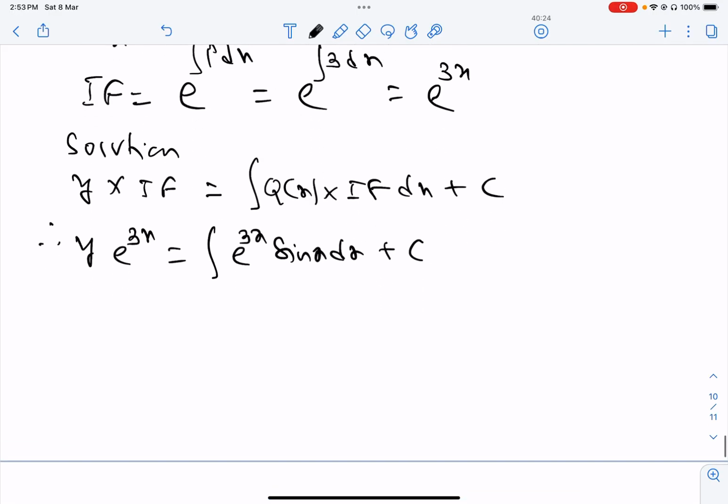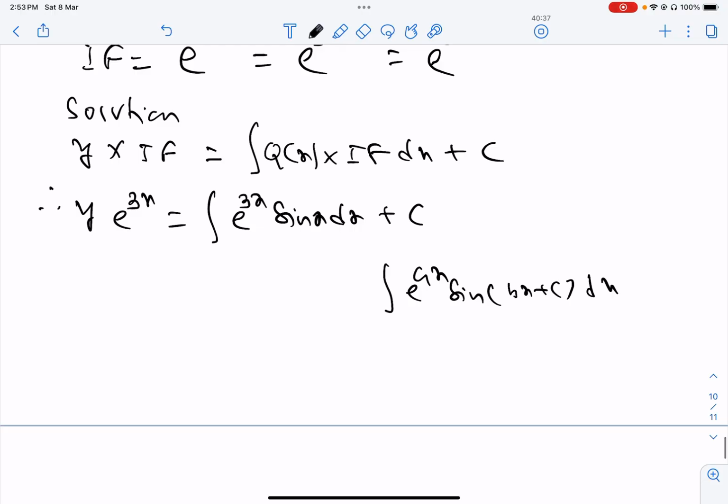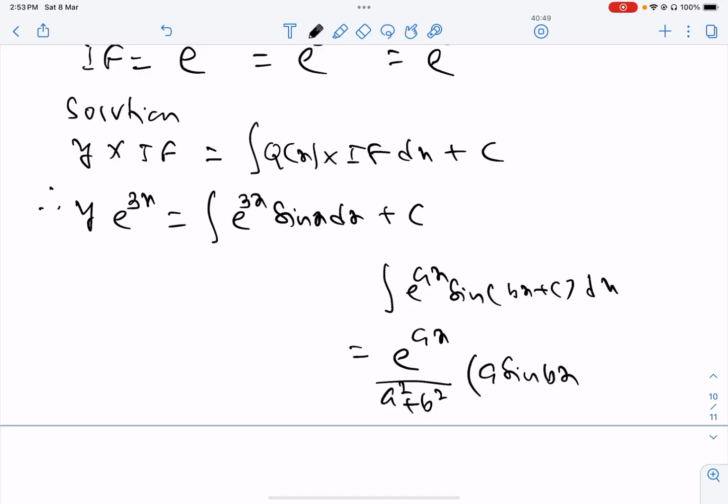Now here we have to use one integration formula. Which one? The integral of e power ax sin bx. What is that? It is equal to e power ax upon a square plus b square into a sin bx minus b cos bx.